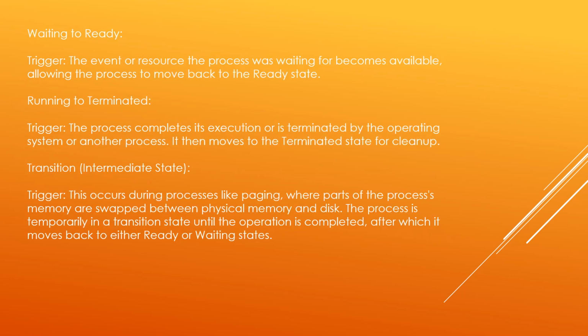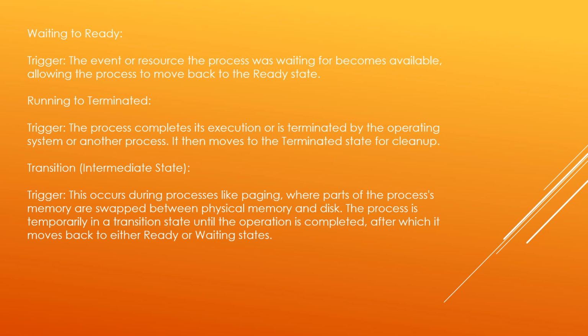Waiting to ready. The event or resource the process was waiting for becomes available, allowing the process to move back to the ready state. Running to terminated. The process completes its execution or is terminated by the operating system or another process. It then moves to the terminated state for cleaning up.